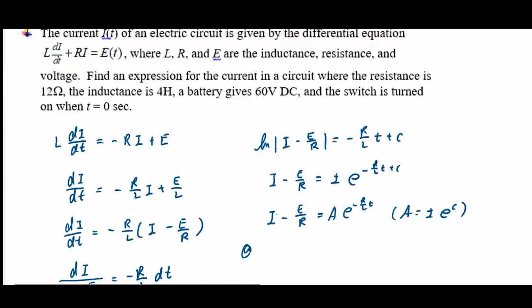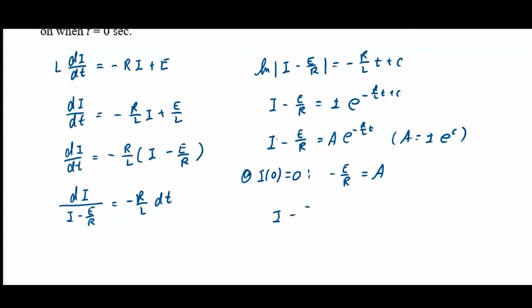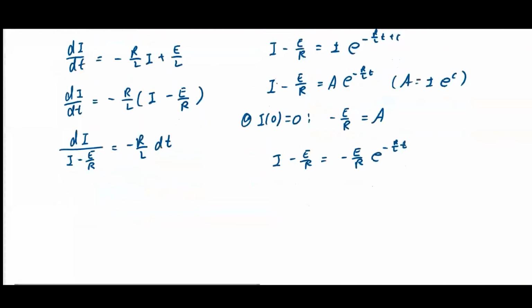So what we have is I minus E over R is equal to negative E over R e to the negative R over L t. Move the E over R to the other side. So we have E over R as a common factor. And once again, this still looks exactly the same as terminal velocity jumping out of an airplane.